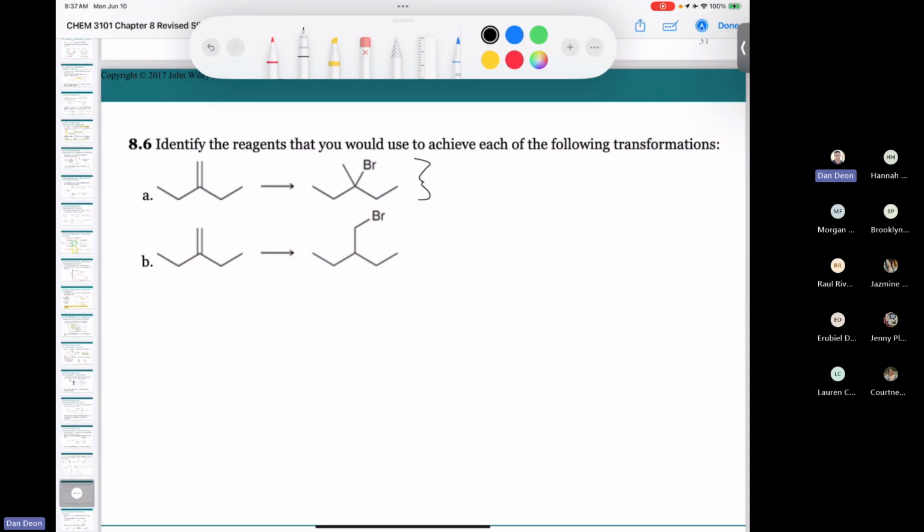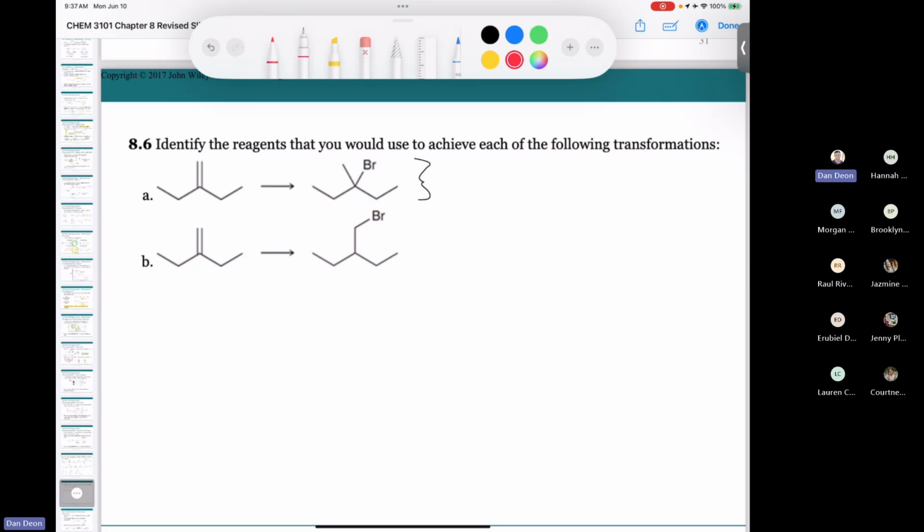Could anybody answer that? Are the rich getting richer or no? Does anybody have an answer to that one? Is this Markovnikov or anti-Markovnikov? Yeah, this is going to be a Markovnikov addition, isn't it, right?